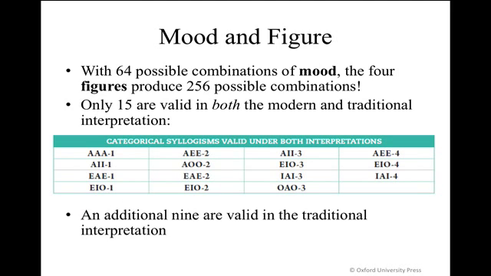There are 64 possible combinations of mood, and there are 256 possible permutations of the categorical syllogism. Only 15 are valid in both the modern and the traditional interpretation. You can certainly memorize these, but it's better to not only know that these are valid under both interpretations, but to know how to show or demonstrate that validity.